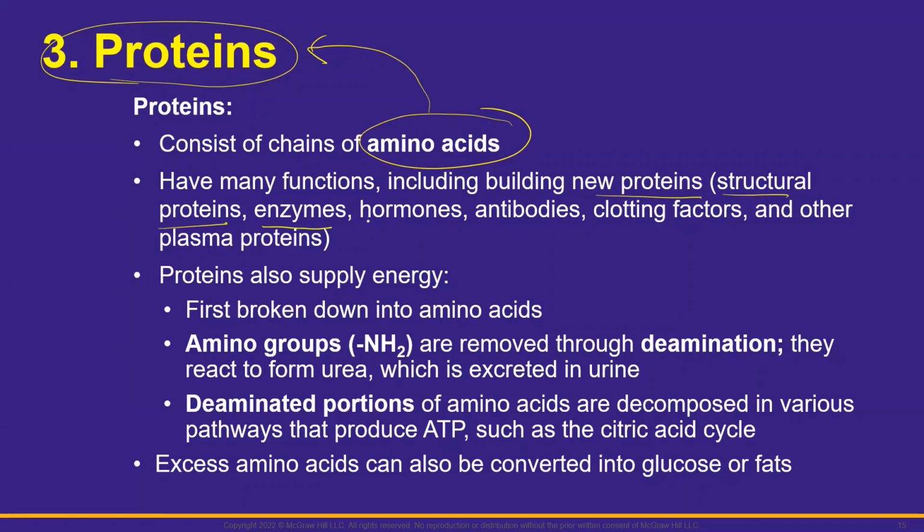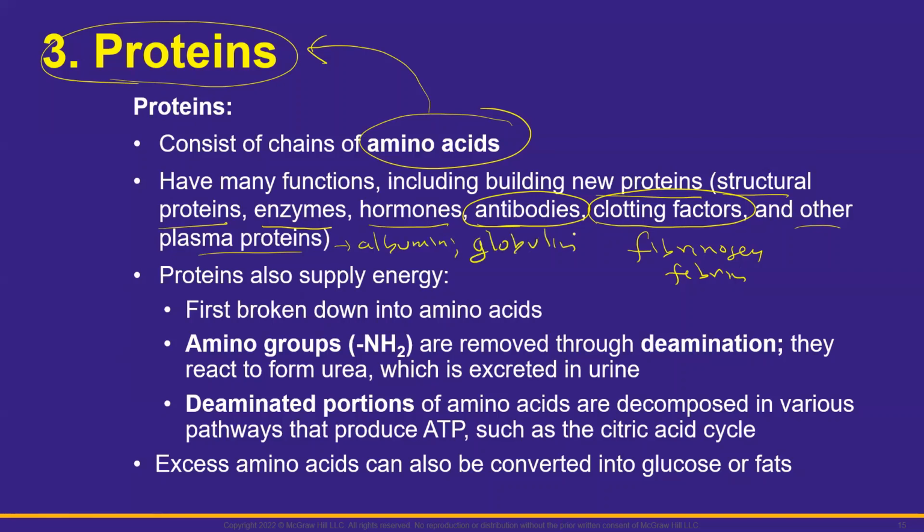Proteins produce enzymes, hormones, antibodies. They are actually protein. Clotting factors like fibrinogen, okay, fibrin, they are actually protein, and other plasma proteins, albumin, globulins. Okay, these are protein. They have to be made from protein or amino acids that we take from diet.